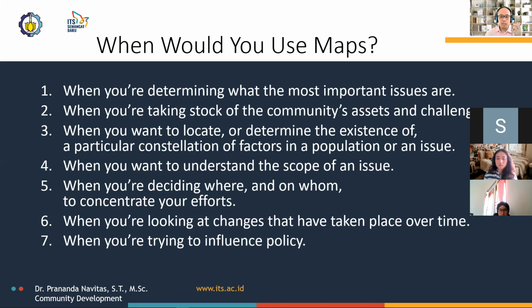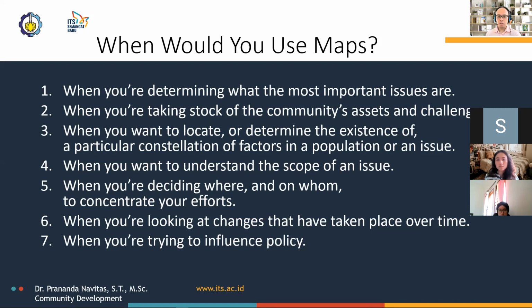Four, when you want to understand the scope of an issue, a map can help you make it clear that a particular issue is too big for your organization to tackle. It can be a bit too much for you to tackle wholesale.